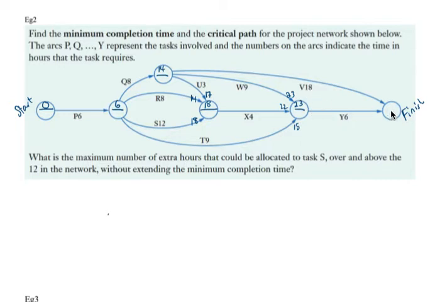Next, we're at our finish. 14 plus 18 is 32. 23 plus 6, 29. Choose our maximum, 32. Now what we've done is we found our minimum completion time. It's equal to 32. And what's our units? Time in hours.